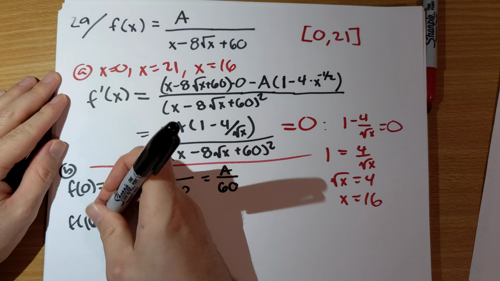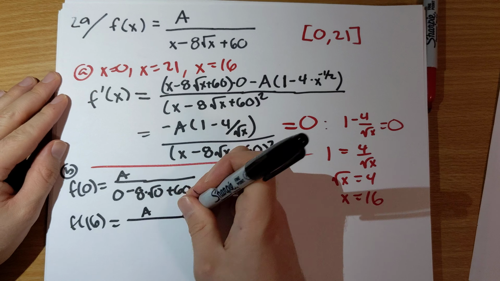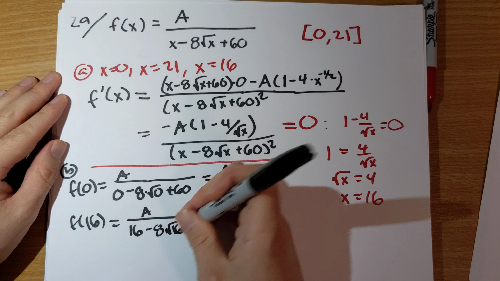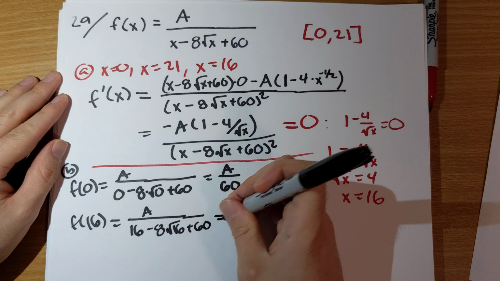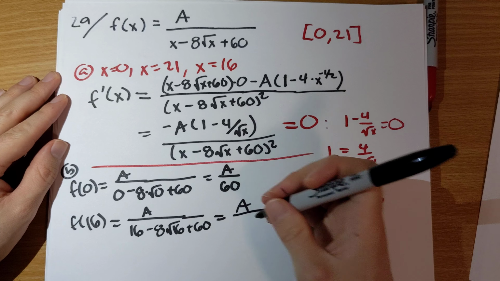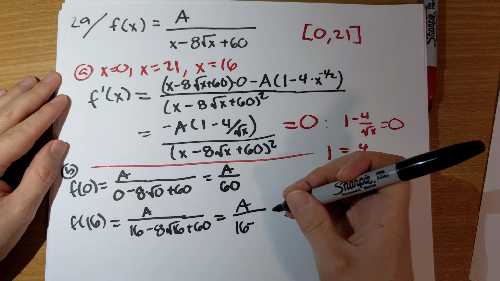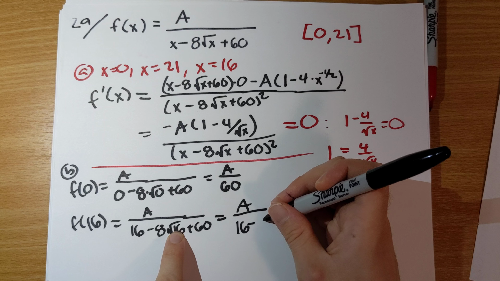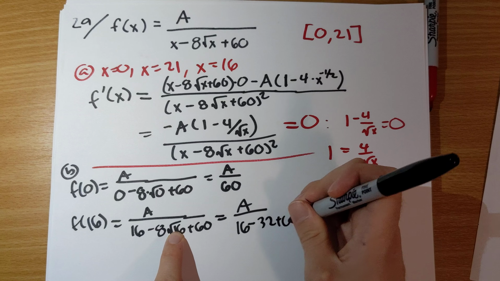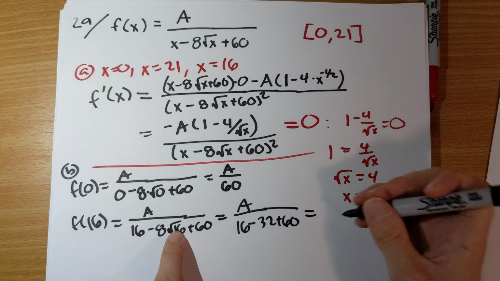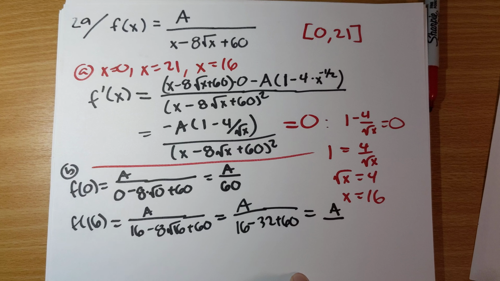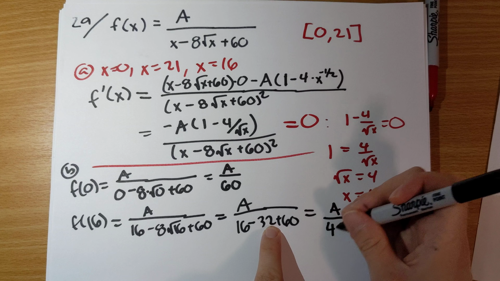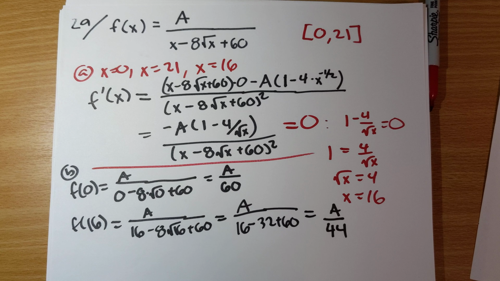Candidate number 2, f of 16, is a over 16 minus 8 times square root of 16 plus 60. So a over 16 minus 32 plus 60, and this is going to be a over 76 minus 32, which is 44. I hope I'm doing that arithmetic right.